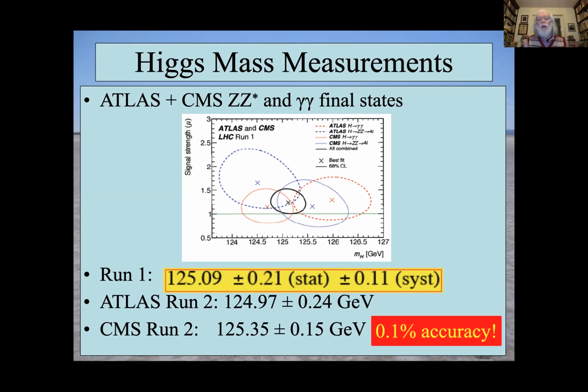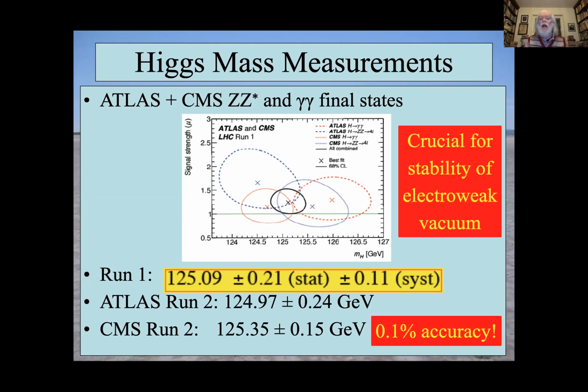You may say, well, that's all very well, but why should I care? Well, I think you should care because the mass of the Higgs boson and the mass of the top quark are crucial for the stability of the electroweak vacuum. And this is one of the problems which is raised by the successful search for and measurements of the Higgs boson.